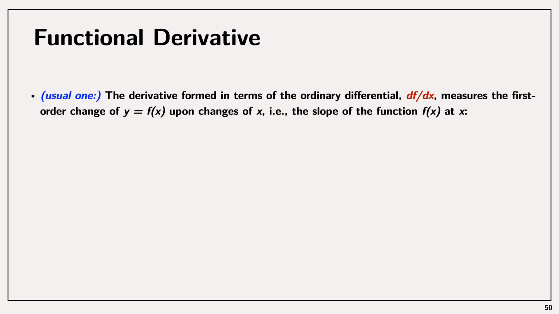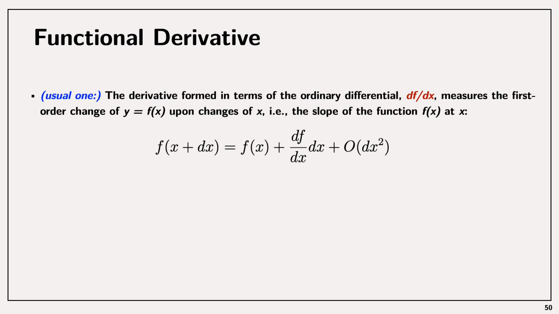Once again, the usual one that we are used to in basic calculus is the df over dx, the variation of the function f when we change the position x a little bit. So we are used to that, and the way it's defined is like this. It's defined as the function at a small increment away from x, so f of x plus dx, is going to be the function at x plus a variation.